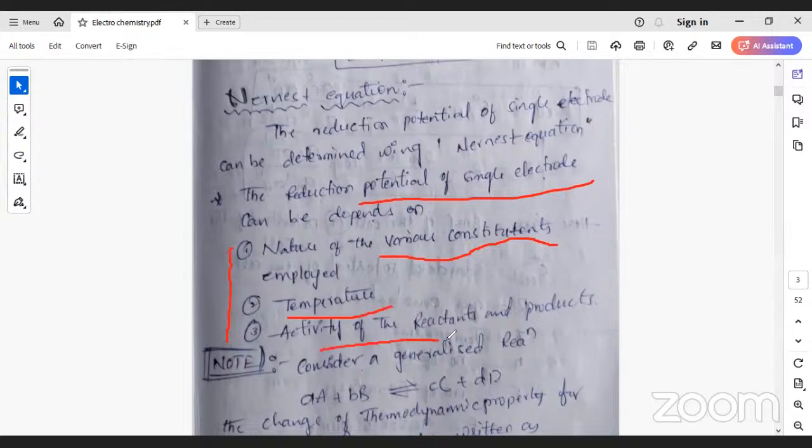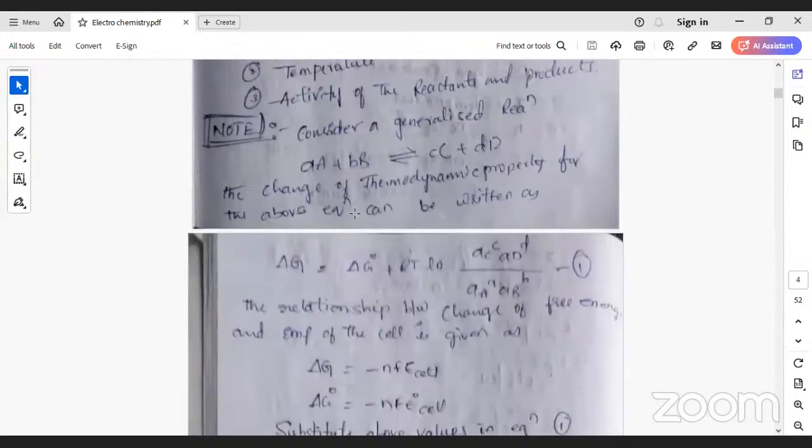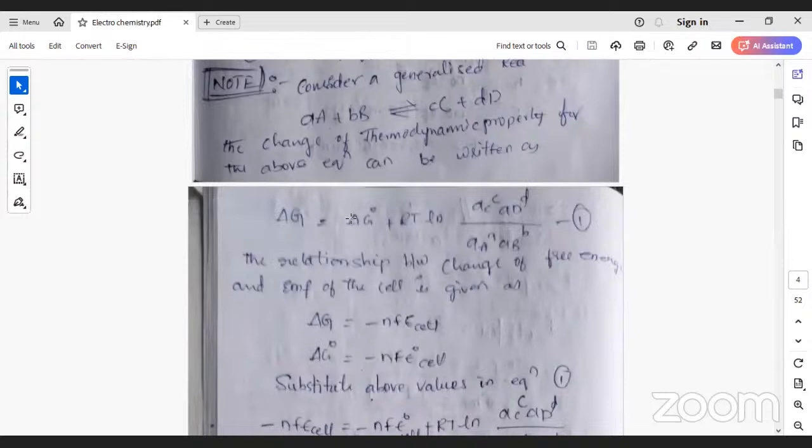Then the activity of the reactants and products. These three parameters are responsible for determining the electrode potential using the Nernst equation. For this, we have to consider one general reaction, and with the help of that we'll get the Nernst equation.